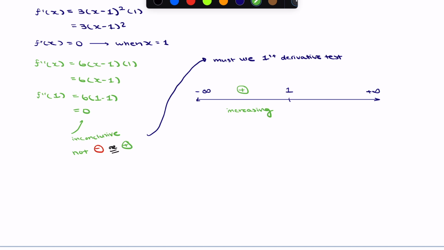Sub in a value that is greater than 1, so for example 2, sub that in, also gives us a positive value, and it's increasing, which means that here there are no local extremes.